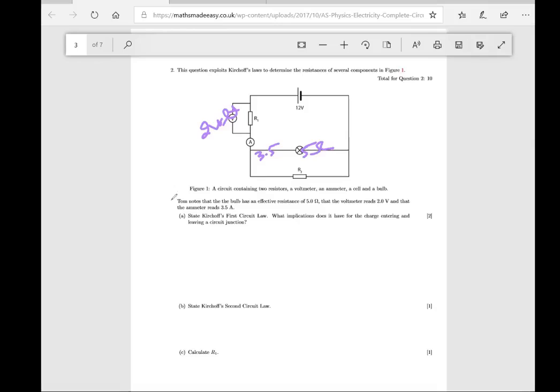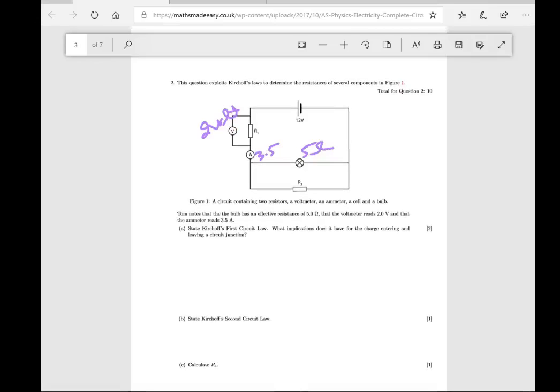What's R2? It's too easy. A to B. I have to calculate V2.